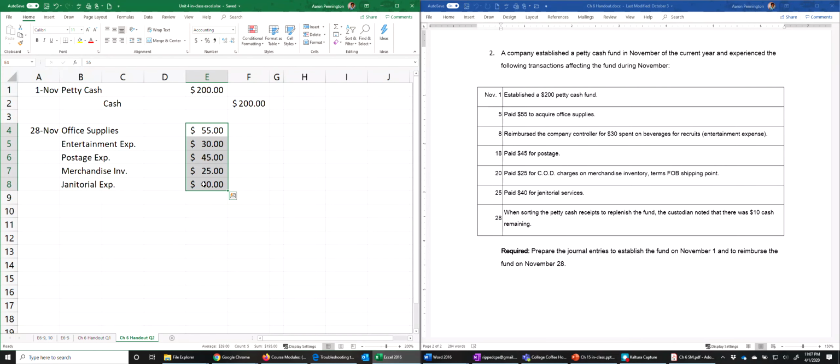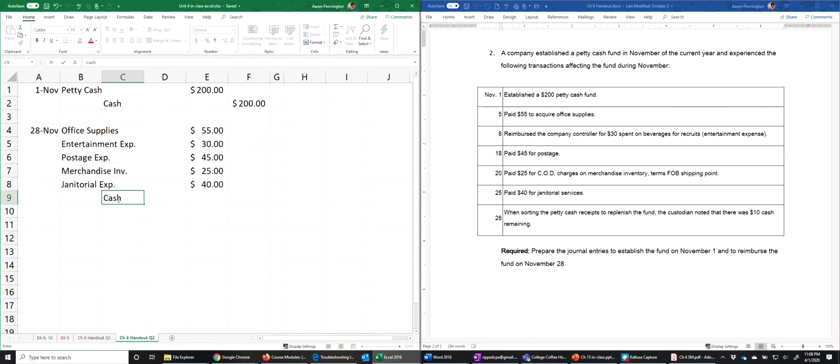All right. When we look at these numbers, it may be hard to see, but the sum of these numbers is $195. All right. So we're actually in the position here where you've got more cash in the box than should be, right? Because there's $5 too much.